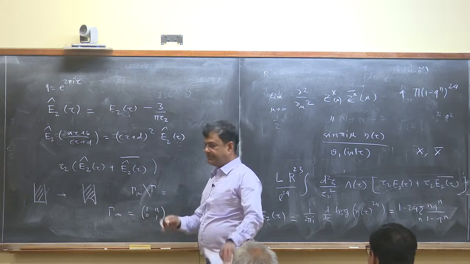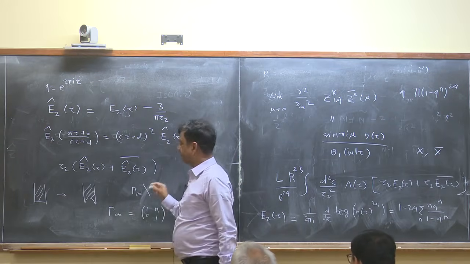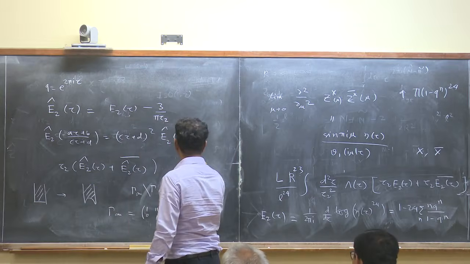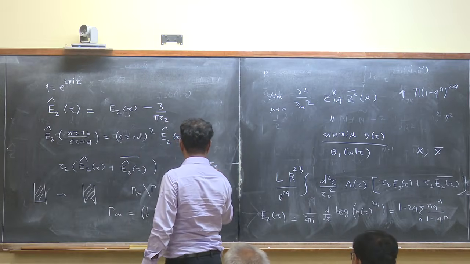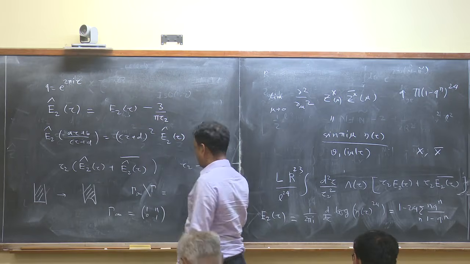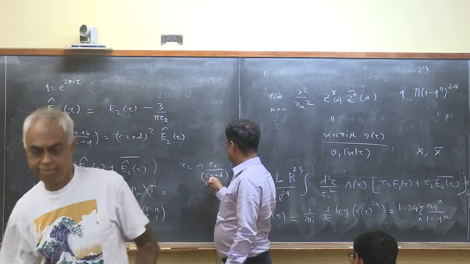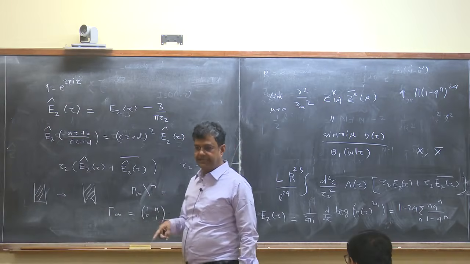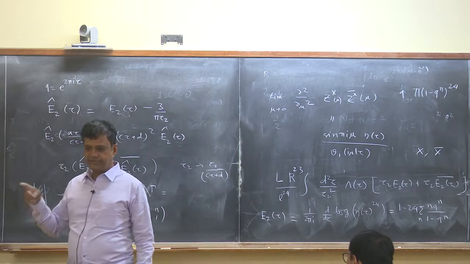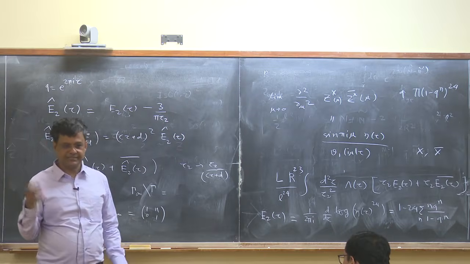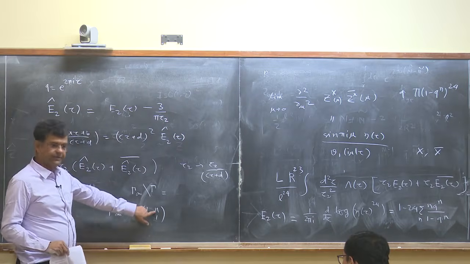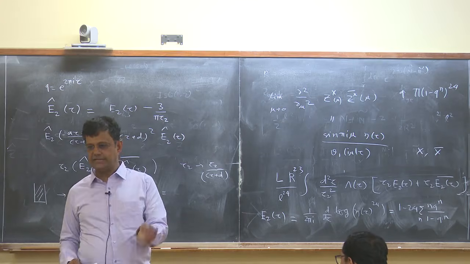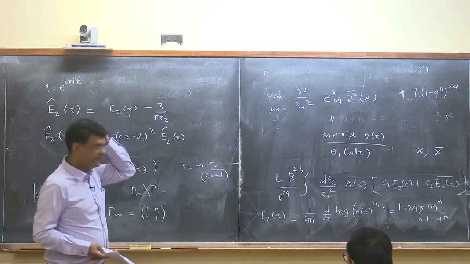So you consider elements of gamma modulo this group. Basically, instead of having A, B, C, D, you're doing a transformation, and then tau 2 goes to tau 2 over C tau plus D whole squared. The elements of this coset are labeled by C and D, because the elements of gamma are labeled by A, B, C, D, subject to AD minus BC equal to 1. So there are only 3 integers, and using this gamma infinity you can get rid of one more integer, and you can label every element by C and D in one-to-one correspondence.